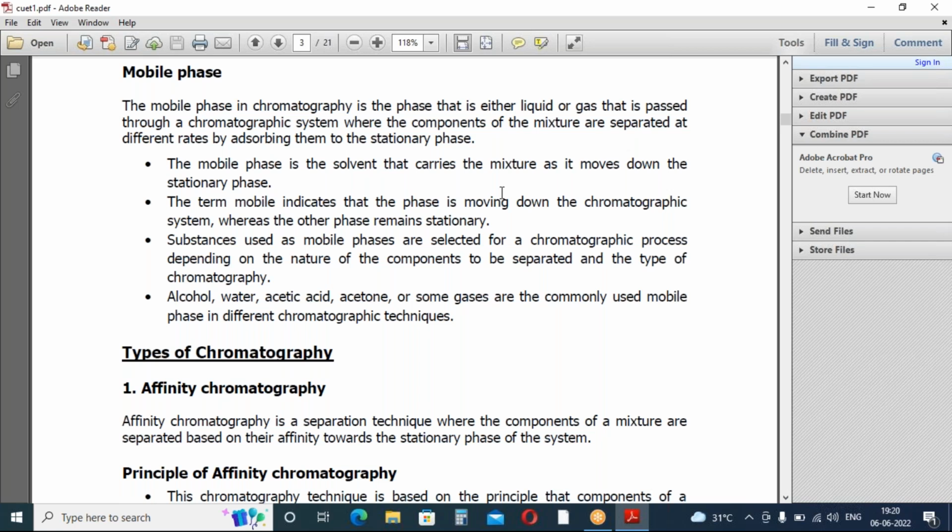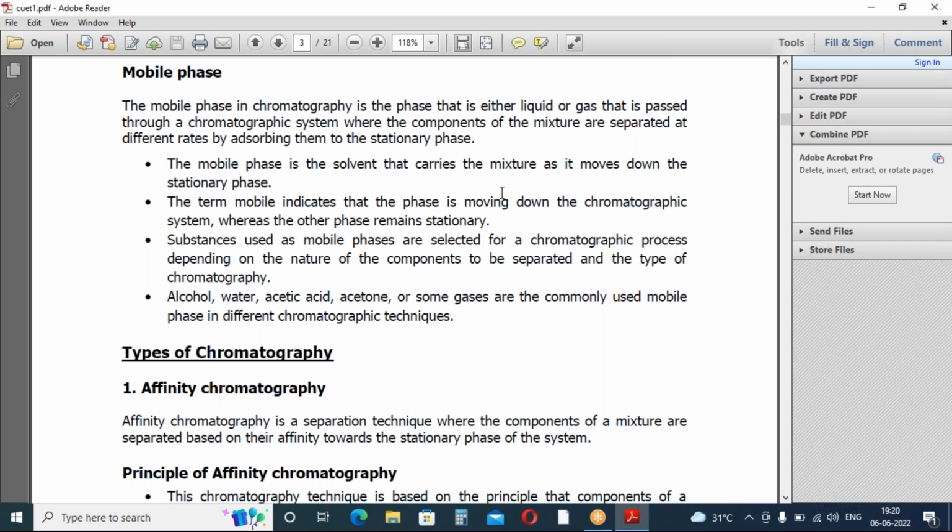Based on the stationary phase, the mobile phase, and the characteristics of the components we have to separate, different types of chromatographic techniques are present, such as affinity chromatography, paper chromatography, and thin layer chromatography.